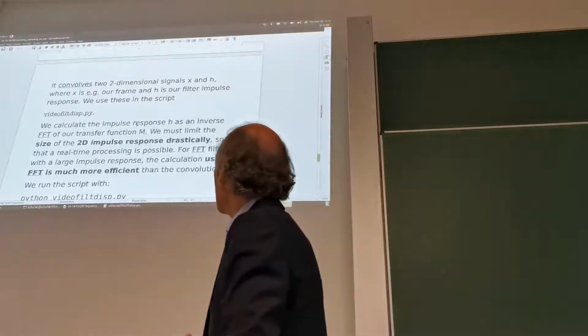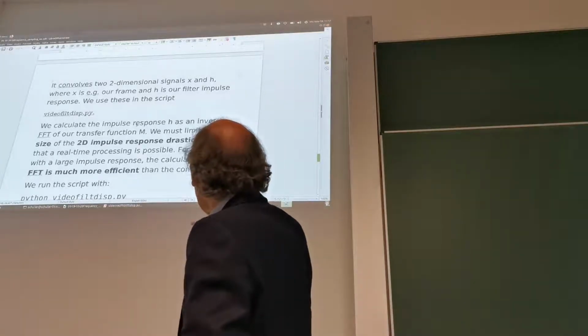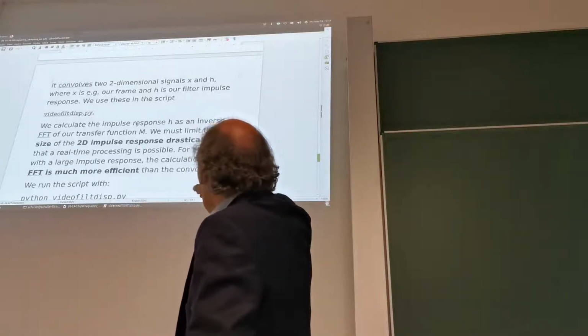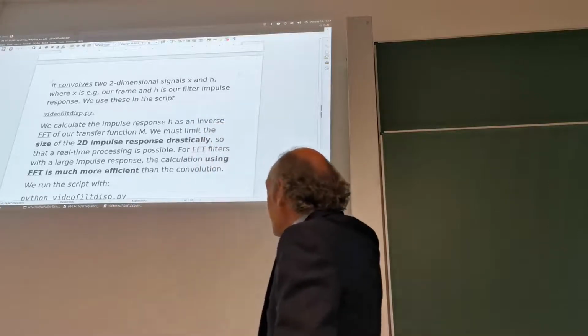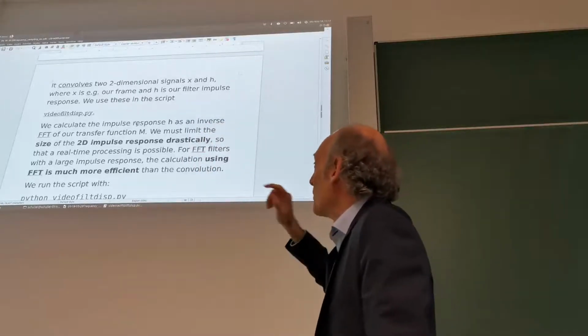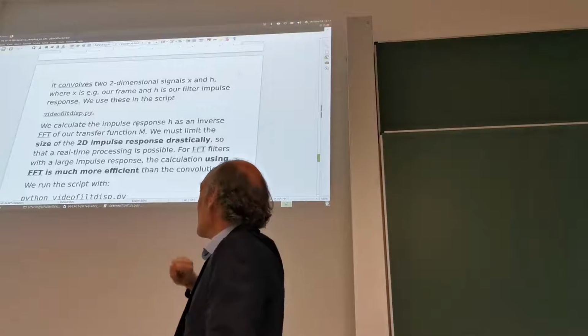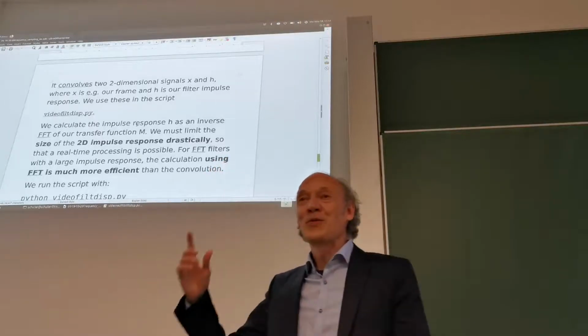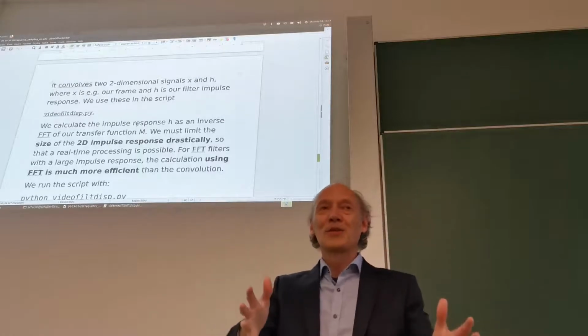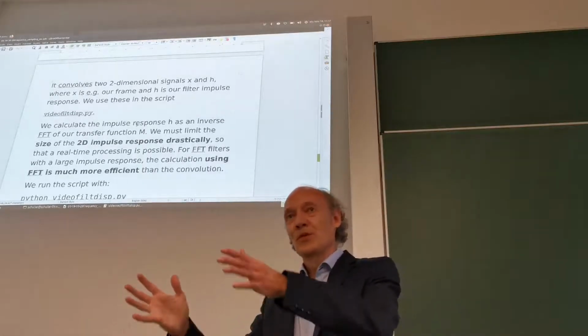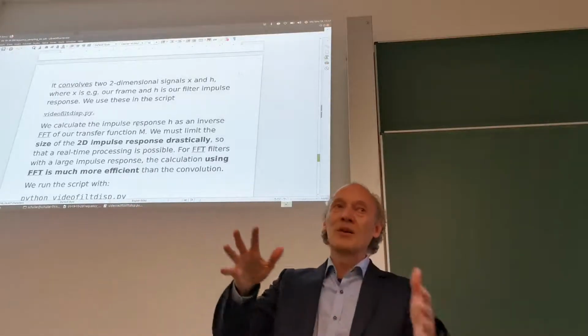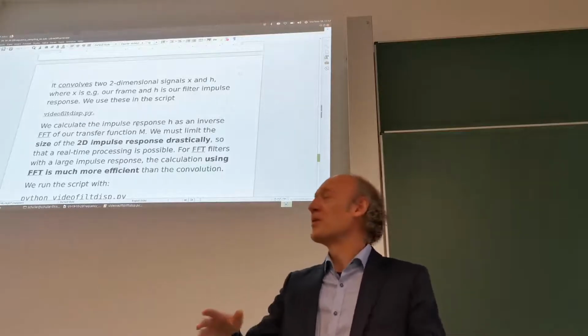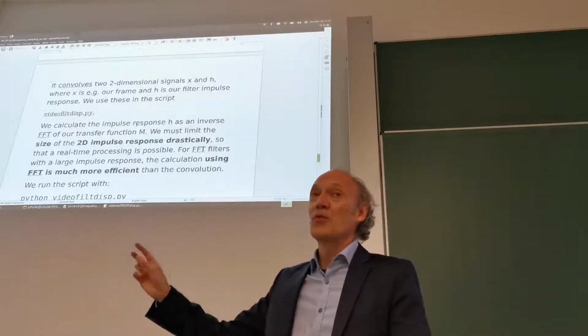So we have to limit it more. For FFT filters with large impulse response, the calculation using FFT is much more efficient than the convolution. Right. So it turns out, after all, that going to the FFT domain first, applying the mask there, and then going back is actually much faster than doing the convolution directly.